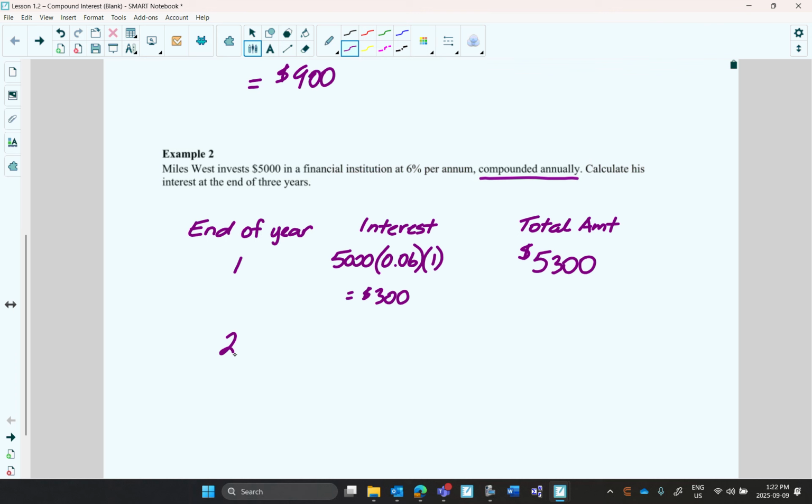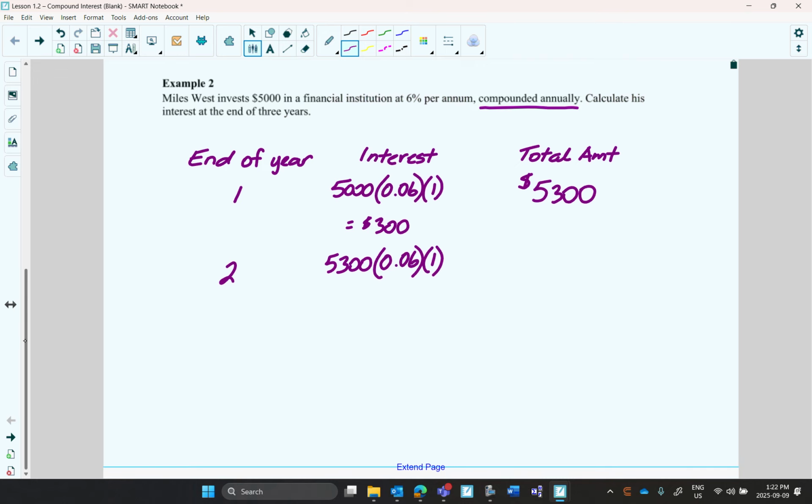So we're going to calculate the interest on 5,300, which means he's going to get a little more. So if we did 5,300 times 0.06 times 1, we don't even have to write the times 1. We get $318. He makes a little bit more in interest.